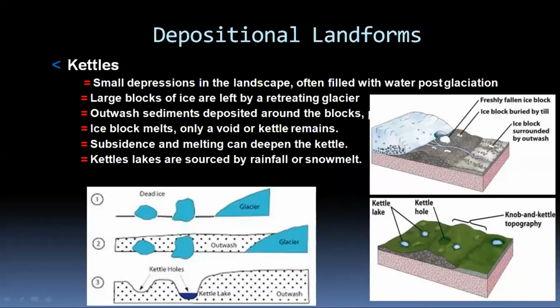Kettle lakes. Kettle lakes are formed when we have a glacier and some iceberg-type ice becomes disconnected from the main ice, and as a result it is covered with later sediments because the glacier keeps on melting and retreating.